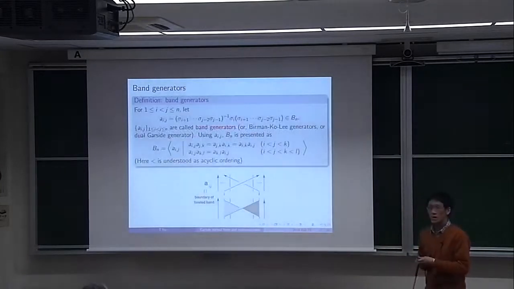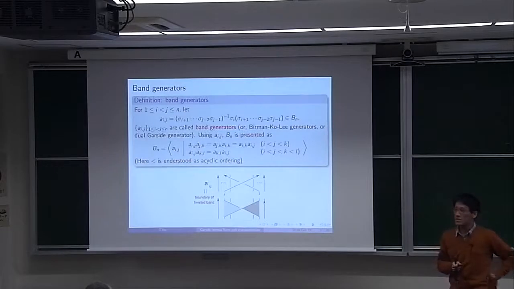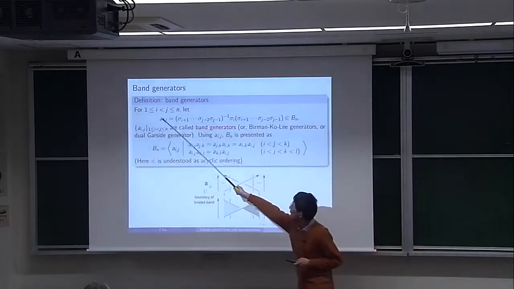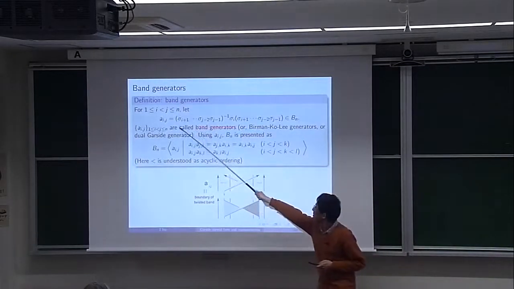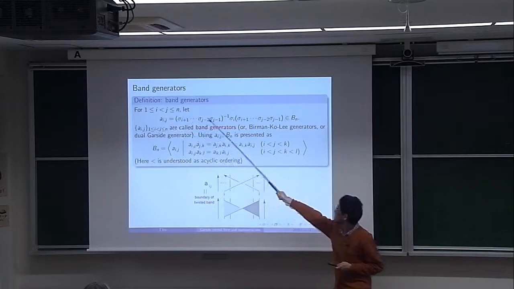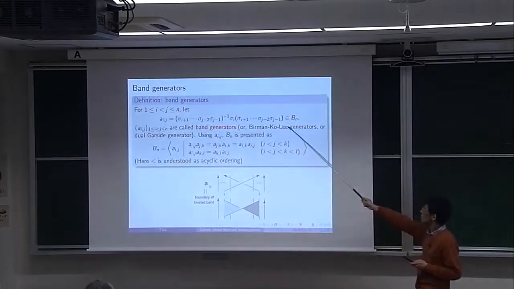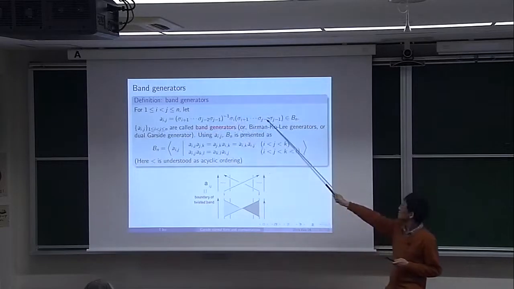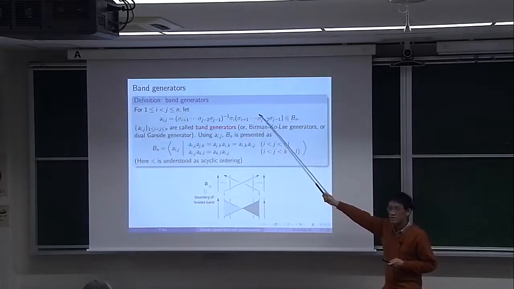In this talk, I use a slightly different but famous set of generators and presentation as well. For i, j in n, let a_ij be the braid defined by this word. At first glance, this word is a bit complicated, but its geometric meaning is quite clear.